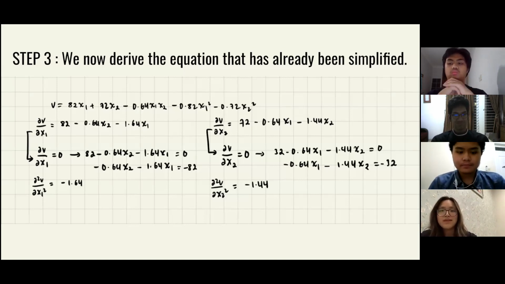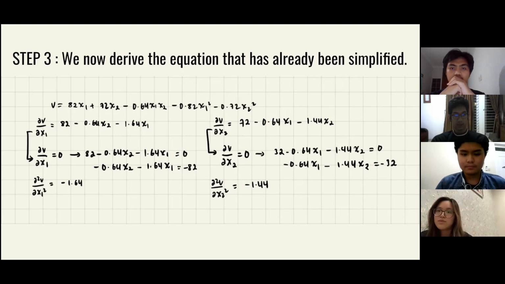So the partial derivative of V over partial x1 is equal to 82 minus 0.64x2 minus 1.64x1. We make this partial derivative equal to 0, which gives minus 0.64x2 minus 1.64x1 equals minus 82.